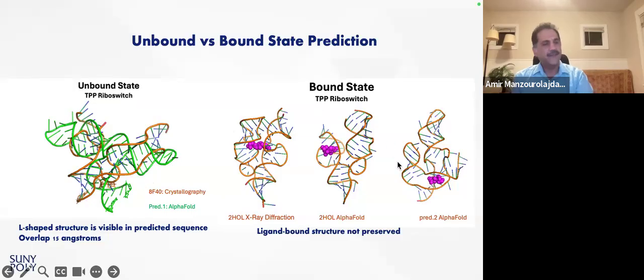I also would like to add here that, of course, some of this lack of good prediction in the bound state can be attributed to other factors that are involved here, such as metal ions or the ligands distorting the structure. But the length of the sequence is not an issue here.